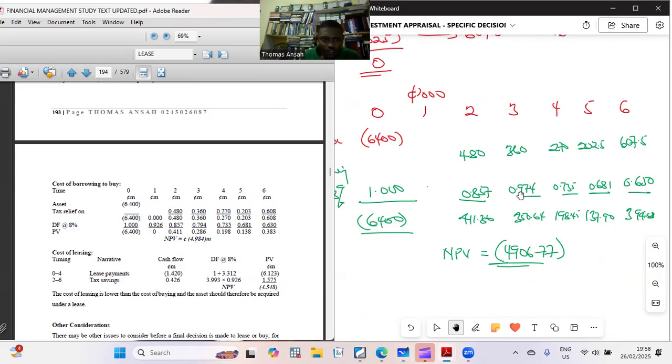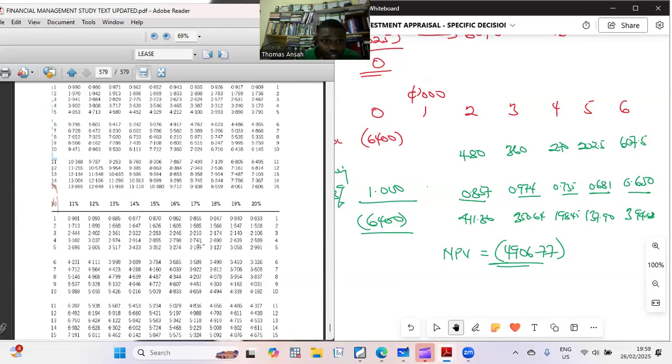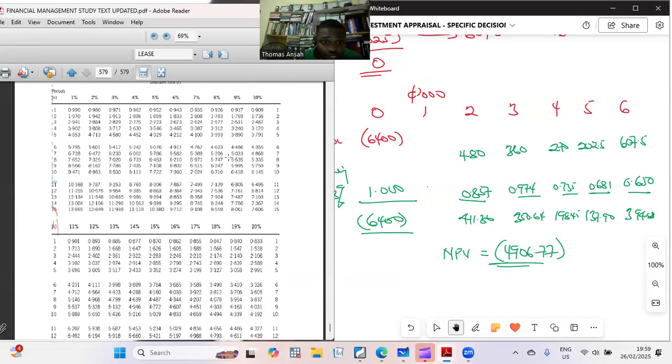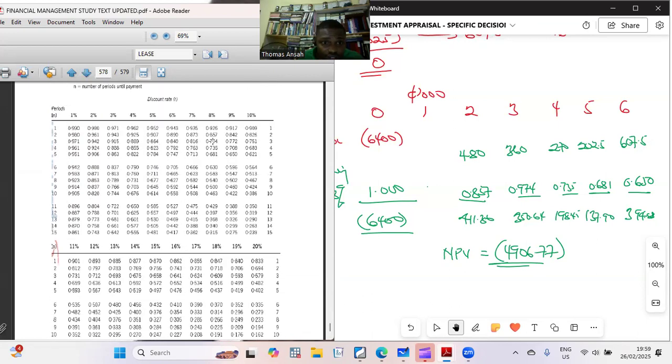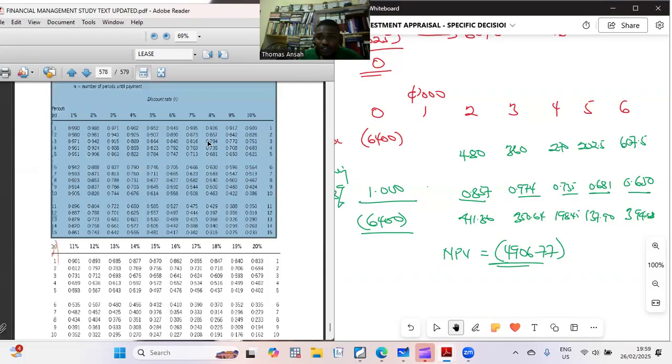8%. I hope the discount factors are all the same. Okay, this is 0.794, right? I think so. You can correct it. Okay, so that is that. So here it is 0.794 rather, which means this figure will change.